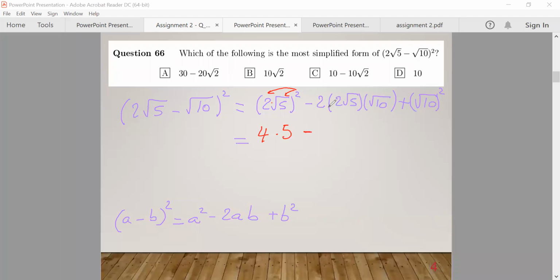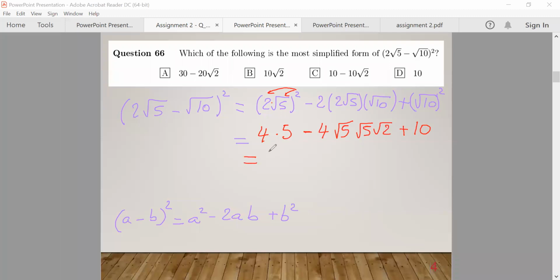Minus, here we multiply 2 times 2, which is 4, times square root 5 times square root 10. We can multiply directly and get square root of 50, or better, we split: 10 is 5 times 2, so it's square root 5 times square root 2. Plus square root 10, all squared, is 10.